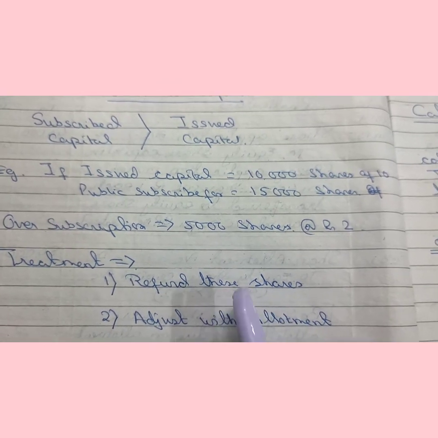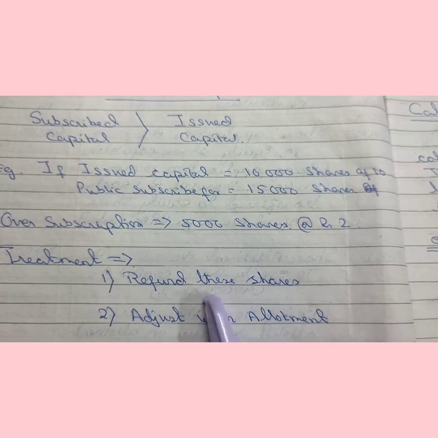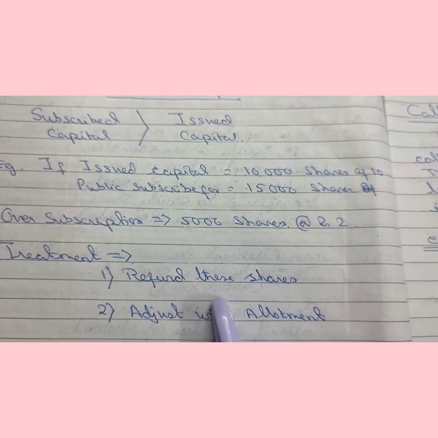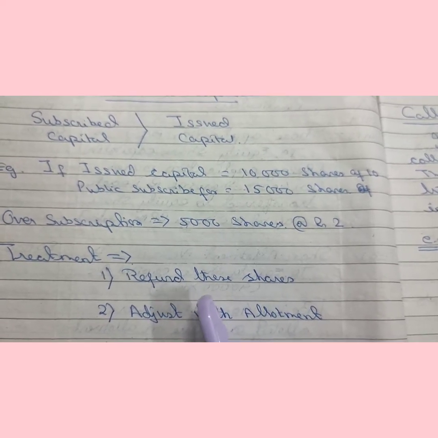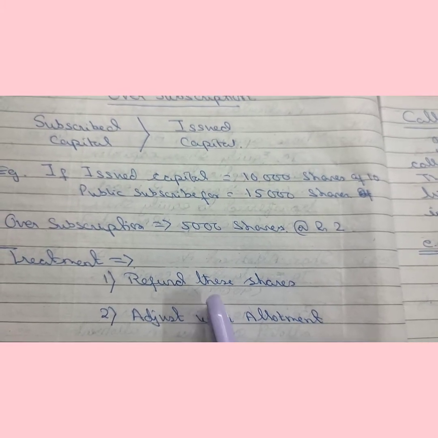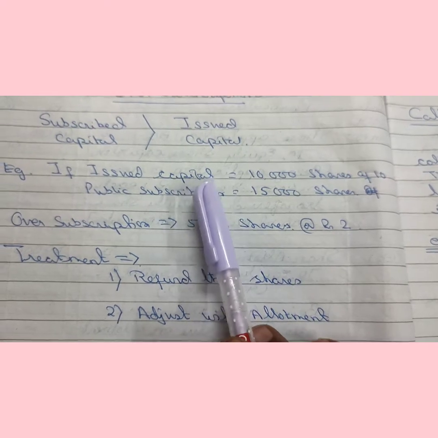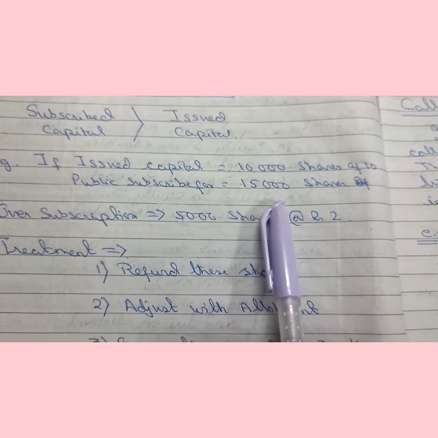Now, how can the company refund? The company may issue shares on a pro rata basis. There is a ratio, which is not in your syllabus, but you have to know this. Suppose the issued shares are 10,000 and public subscription is 15,000.